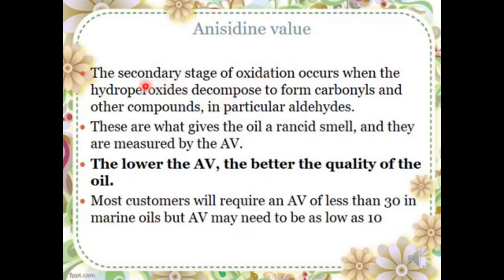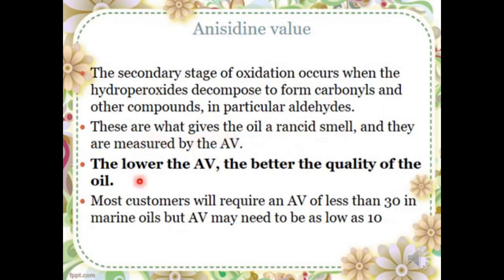So next is the anisidine value. The AV value depends on the decomposition of the PV, hydroperoxide. So the hydroperoxide decomposes to form carbonyl and also aldehyde specifically. So this is the one that is responsible for the rancidity of oil, the undesirable rancid smell.